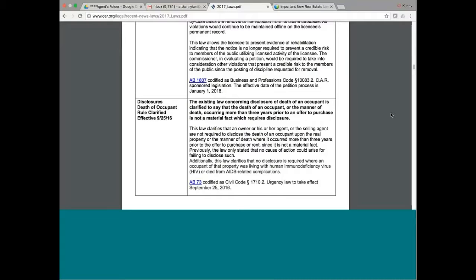Normally, they say if you lie about something, and if that fact is a material fact to the buyer, you could be sued. But if here they say it's not a material fact, if it's not a material fact, you're asked about it, instead of saying, yeah, the death occurred more than 4 years ago, you say to the buyer, no, there was no death more than 4 years ago, when in fact you knew that there was a death, right?